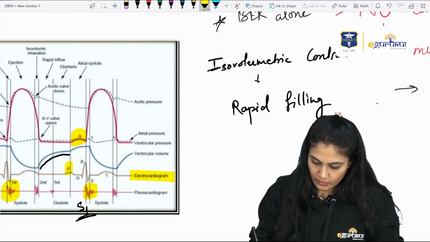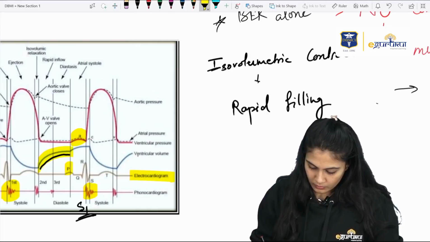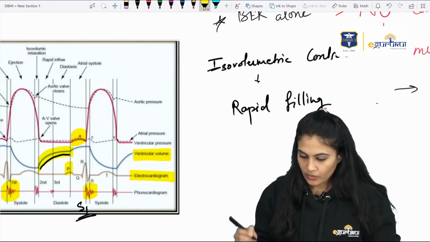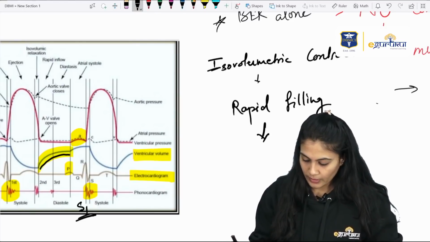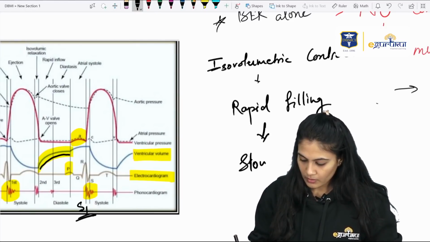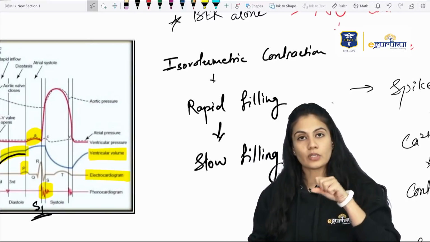is already done. This is the ventricular filling which is showing the ventricular volume. The rapid filling phase is already gone before the P wave, and what remains is the slow filling, slow or active filling because of the atrial contraction.